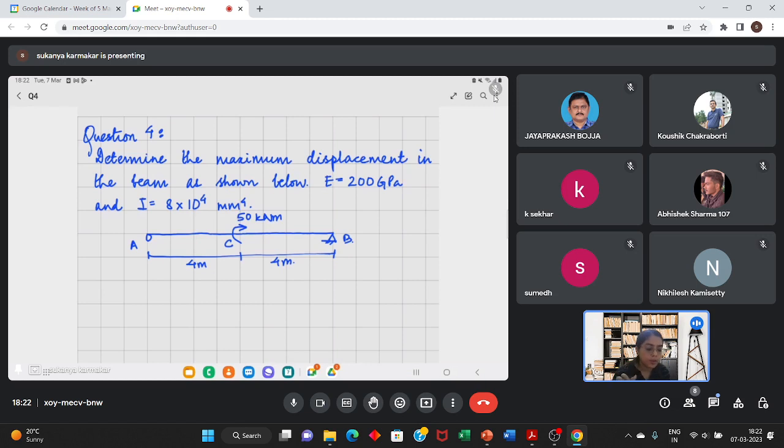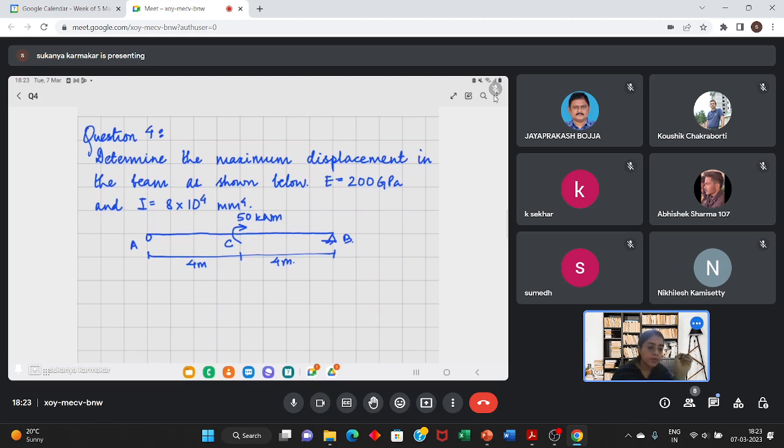So displacement in real beam is equal to the bending moment diagram in the conjugate beam. You want the displacement to be maximum in the real beam. So the moment in the conjugate beam should be maximum. When is the moment maximum? We know that when the moment is maximum, at that point the shear force is 0, because the derivative of bending moment is equal to shear force.